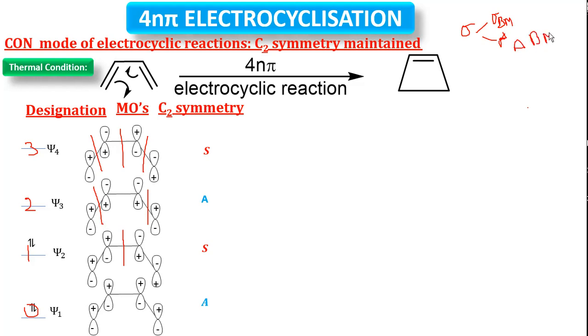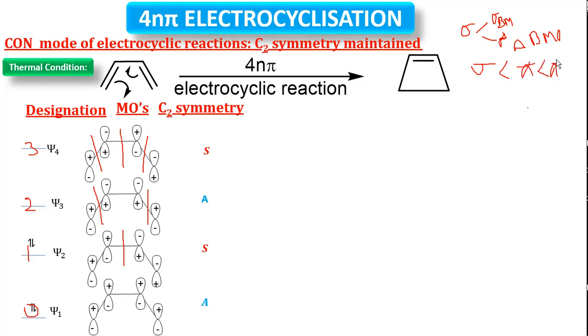Similarly, pi has 2 molecular orbitals, the pi bonding molecular orbital and the pi star anti-bonding molecular orbital.